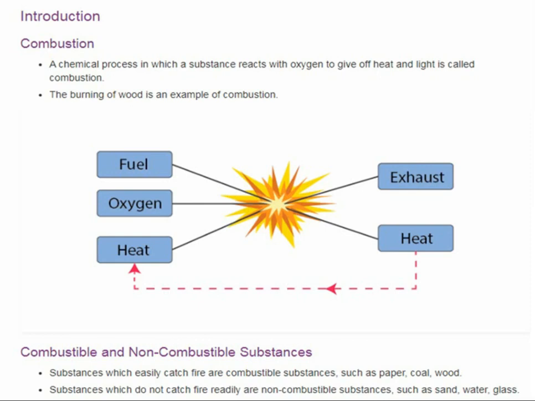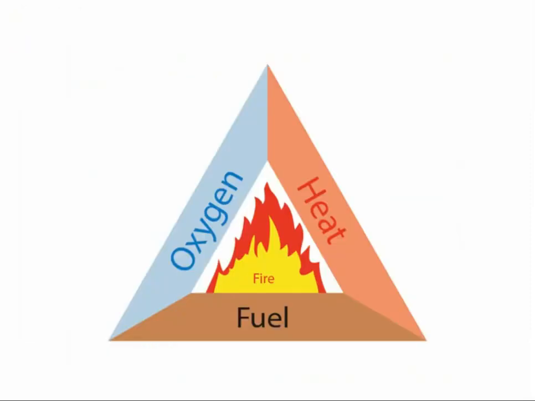Now we have the structure of fire. A fire needs three elements to catch: first, oxygen, heat and fuel. You have seen that whenever someone goes for a campfire, he first collects wood as a fuel, oxygen is present in the air, and as heat he produces a spark from any object or from stones, and only due to this the wood catches fire.